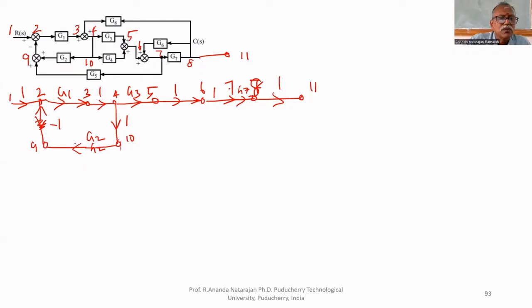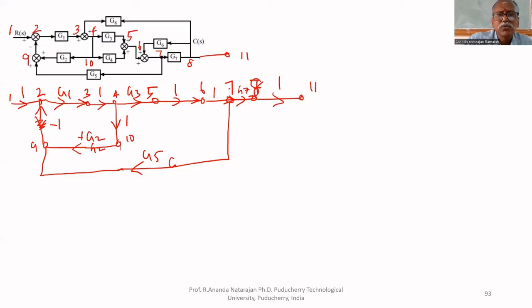Then from 7, this is 7, 7 to G5, 7 to 9.